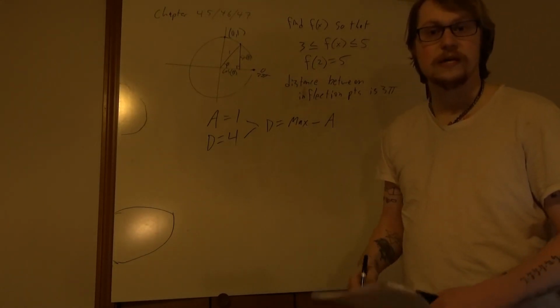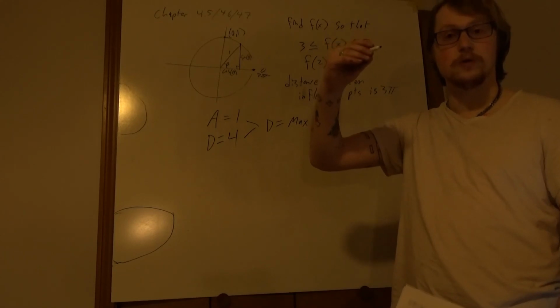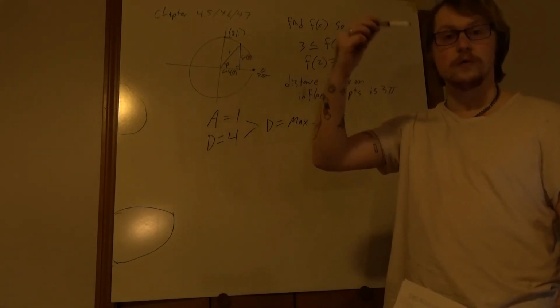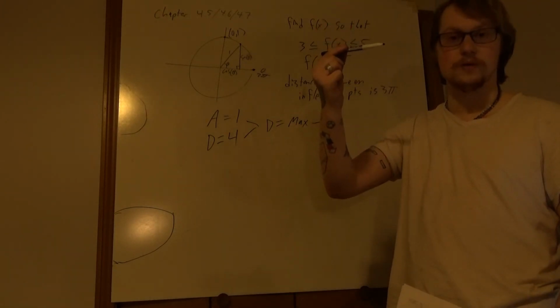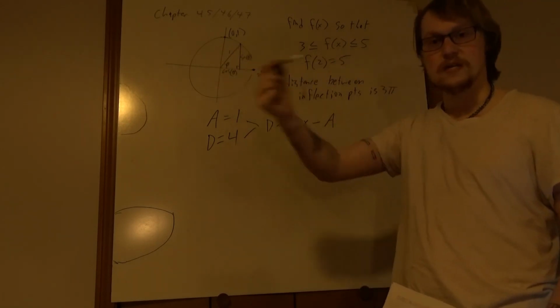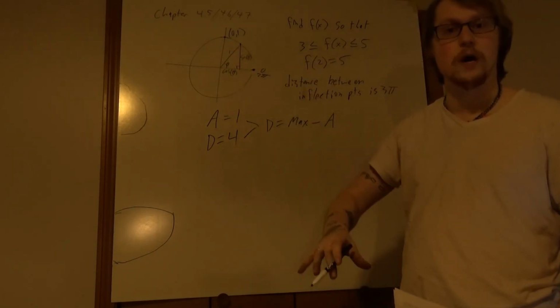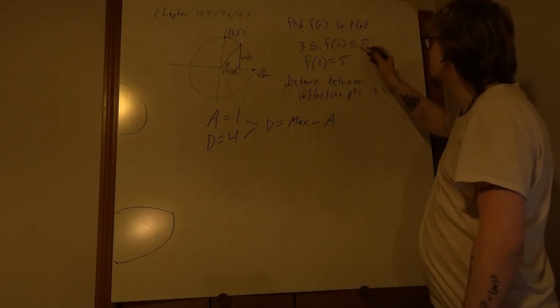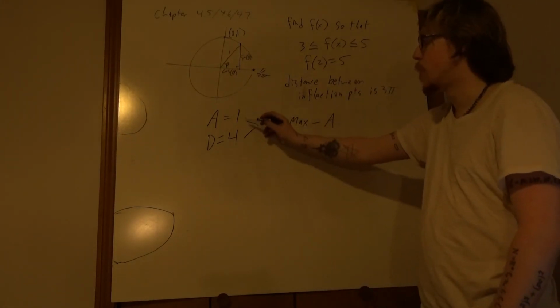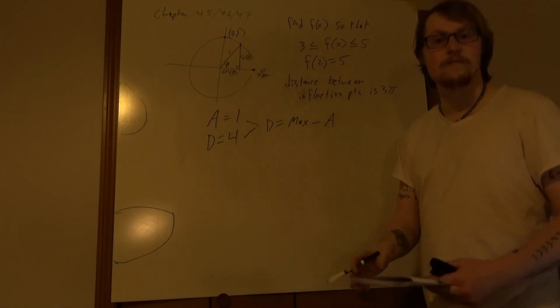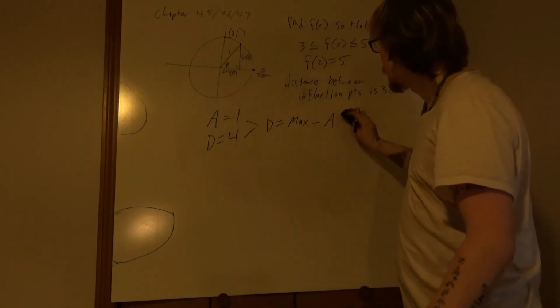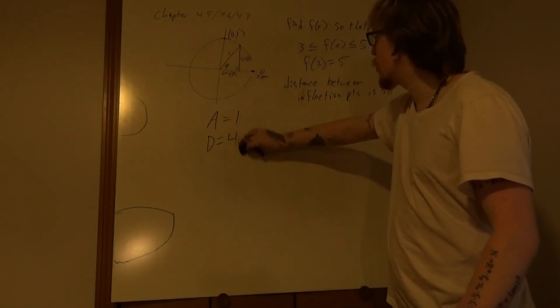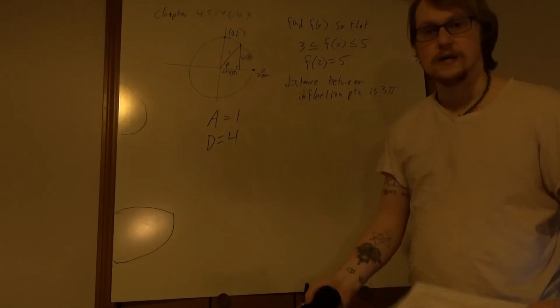So we take the maximum value this thing has to go to, and if we know the amplitude, then we know how far below the maximum the center line is. And the center line is going to be the value that we have to shift up or down. So in this case, it happens to work out perfectly. The maximum is 5, the amplitude is 1, and 4 is indeed 5 minus 1. So that is maybe a quicker way to do things, but it uses exactly the same intuition.